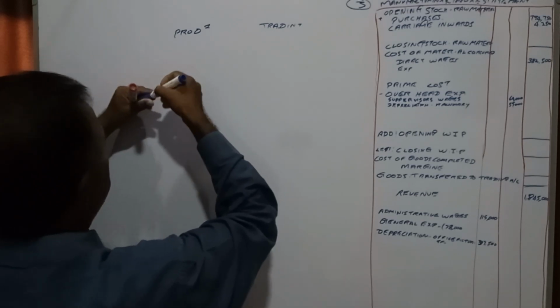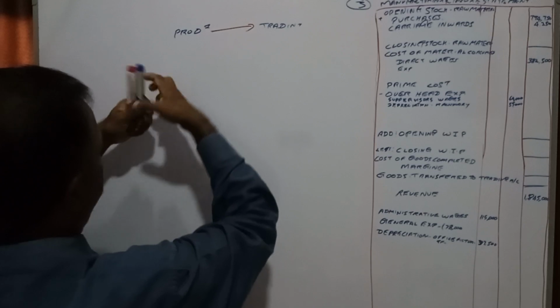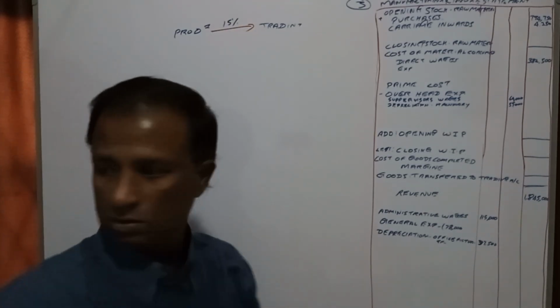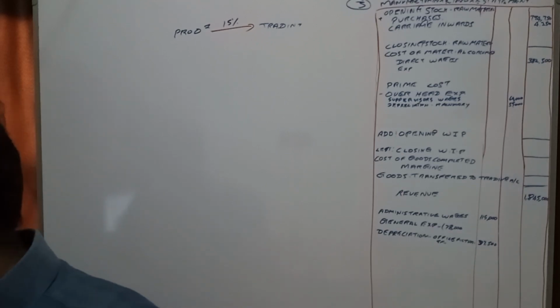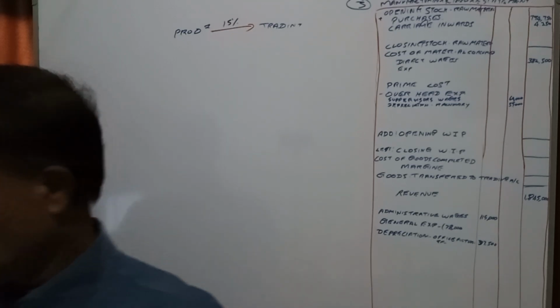They transferred at cost plus 15%, keeping a 15% margin, right? And unsold goods are stored in the warehouse.